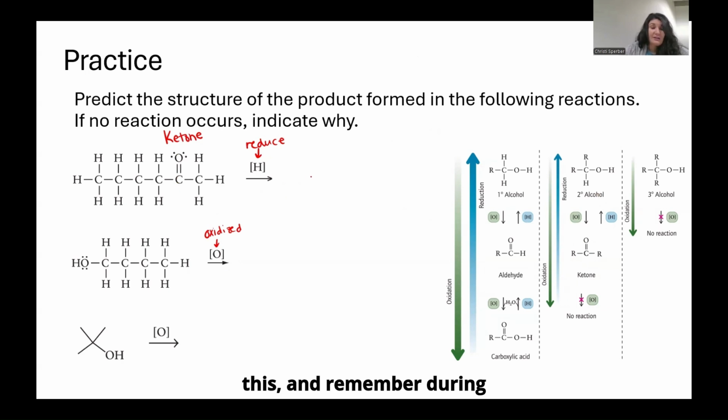Remember, during reactions, the thing that gets changed in a reaction is the functional group. So we have 1, 2, 3, 4, 5, 6 carbons.